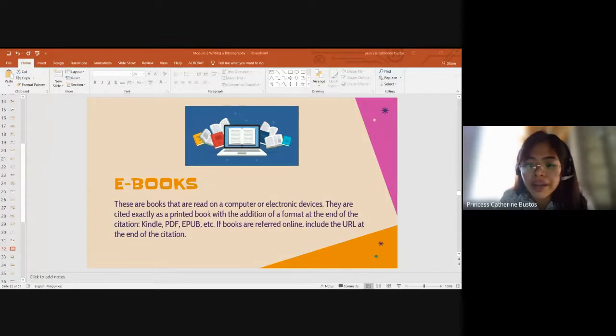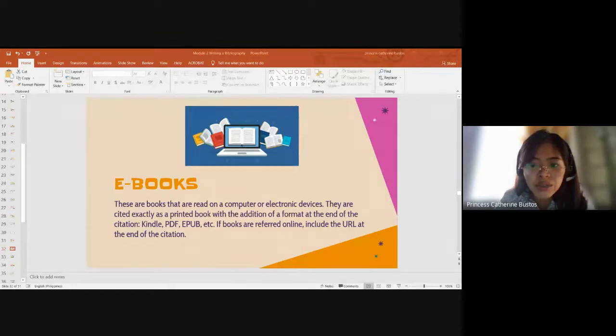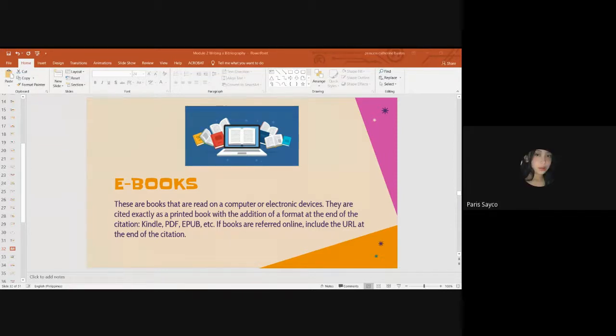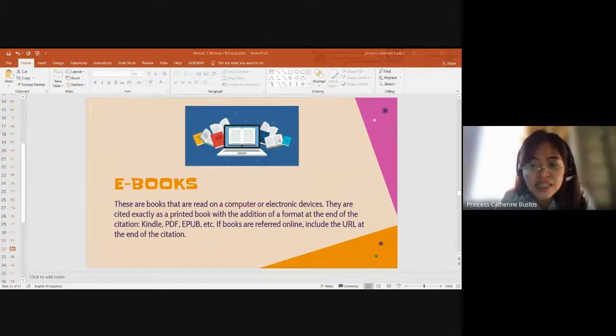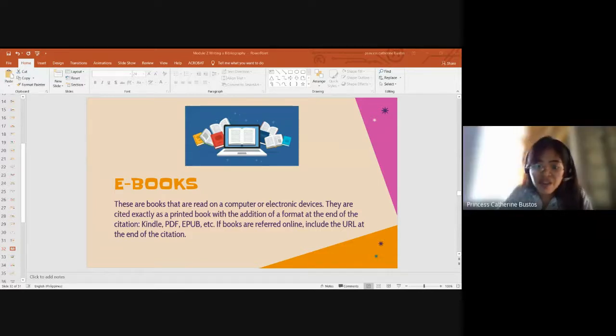What Microsoft document is used there? Ma'am, Google po. Thank you, but we're trying to discuss the Microsoft format. Drive po, ma'am. Yes, it's from Google Drive, but we are talking about the format. What is its format? PDF file po. PDF, very good.